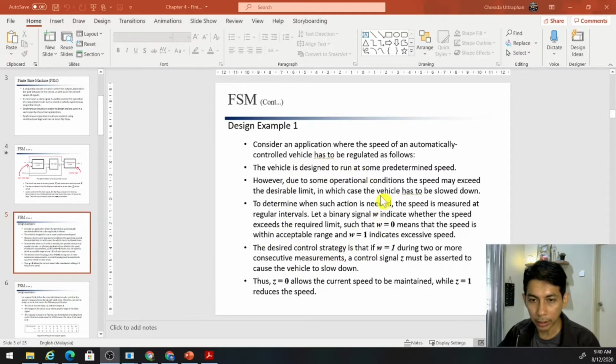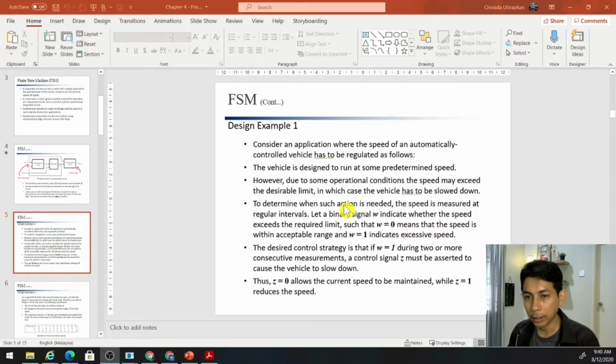This application is to regulate the car speed, the vehicle speed, where we have a fixed measurement time.